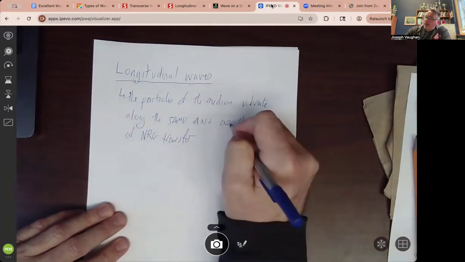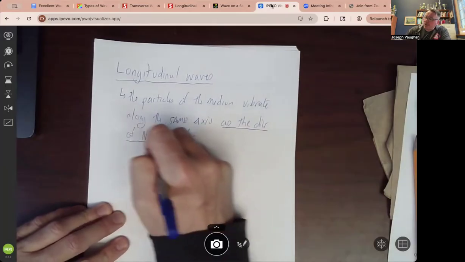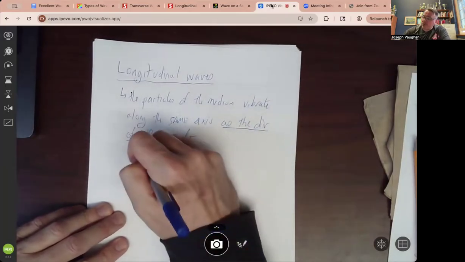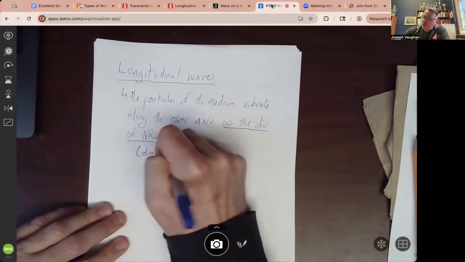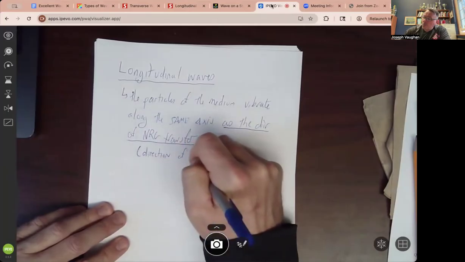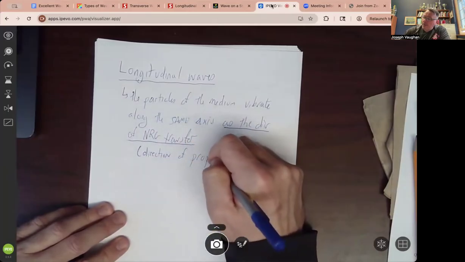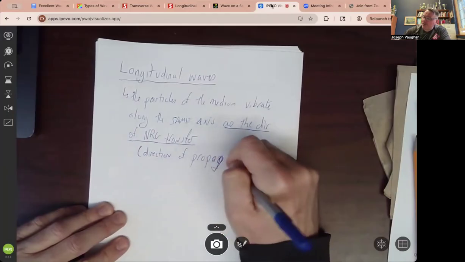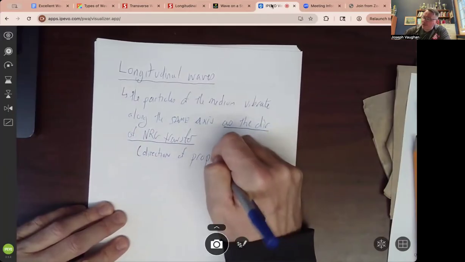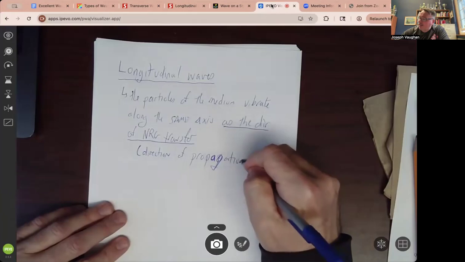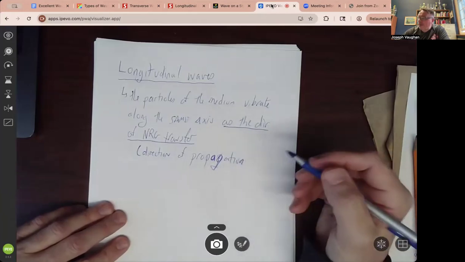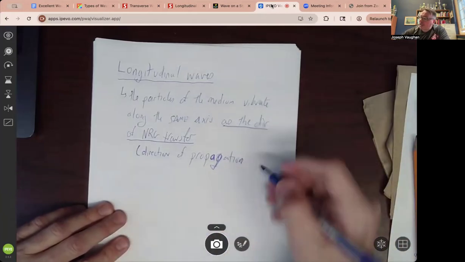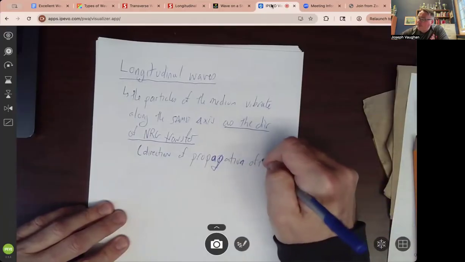Okay. Now, I'm going to define another vocabulary term here. The direction of energy transfer is also known as the direction of propagation of the wave. I write this word so often, I never remember how to spell it. Direction of propagation of the wave.